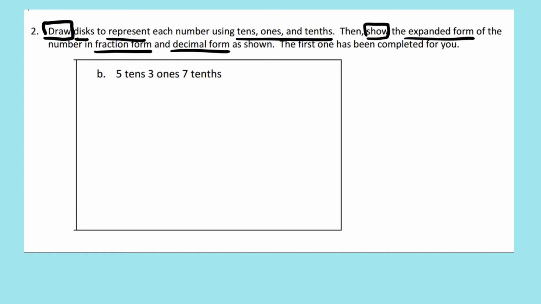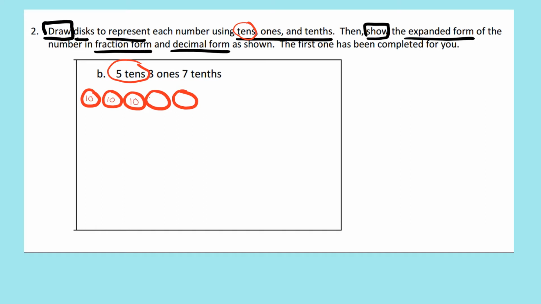If we look, we have 5 tens, 3 ones, and 7 tenths. The first verb tells us to draw discs, so to represent the tens, I have 5 tens. I'm going to draw 5 discs and label those discs that they're 10.